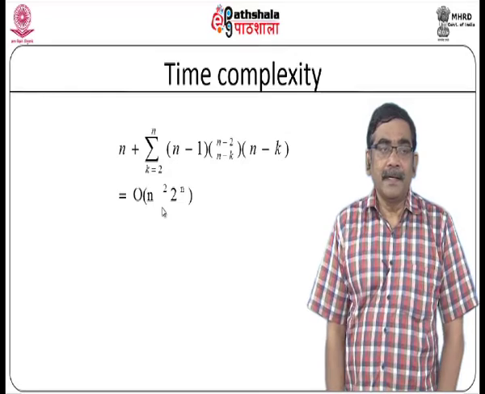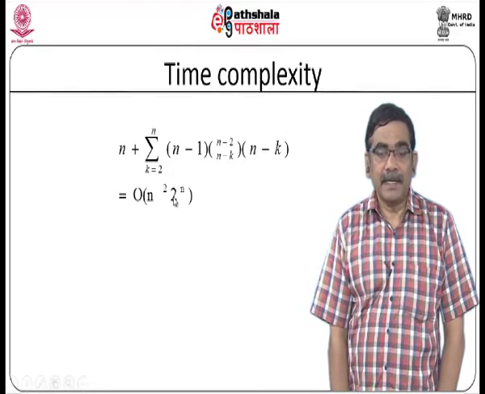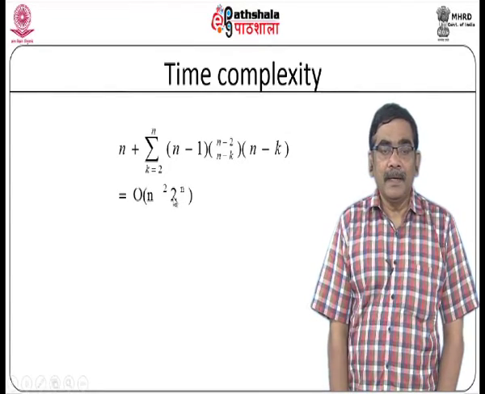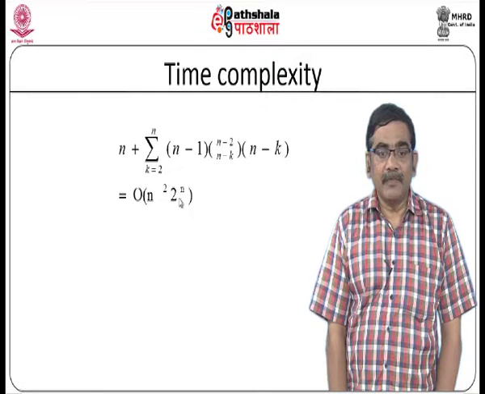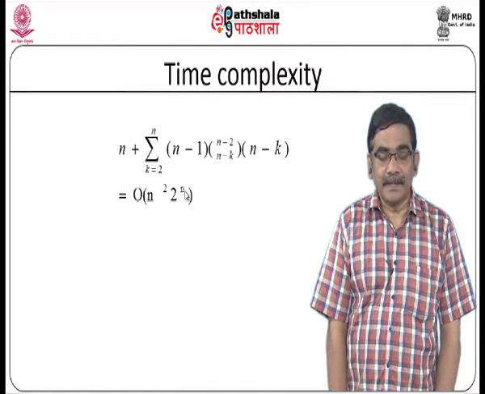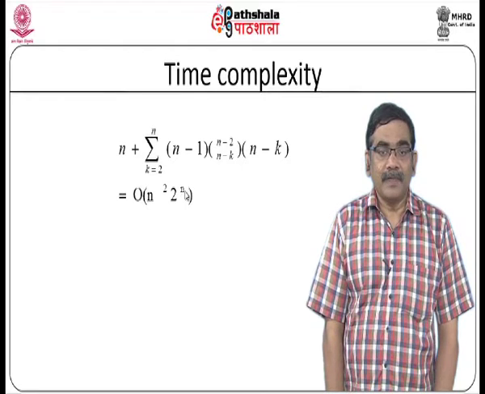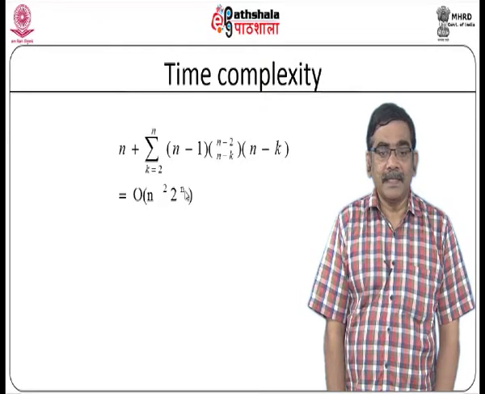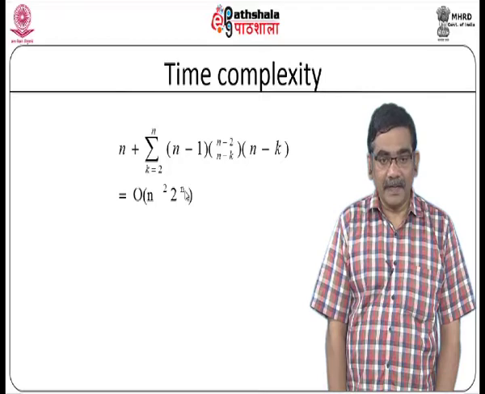So, that means still it is an exponential algorithm only, but if n is very small, then obviously this algorithm is feasible, but if n becomes very large, then it becomes very difficult.